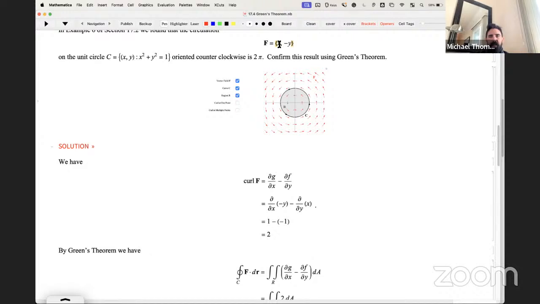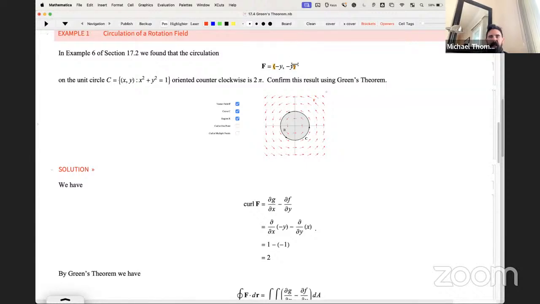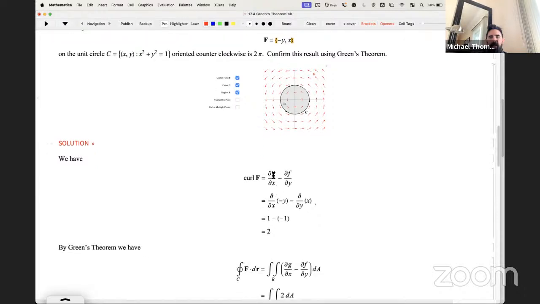So it was negative Y and then X. So the partial of G with respect to X. Hold on a second. Okay, something's off here though. Oh, no, I just wrote these in backwards. Okay. There we go. My bad. Thanks for catching that. Does that work?